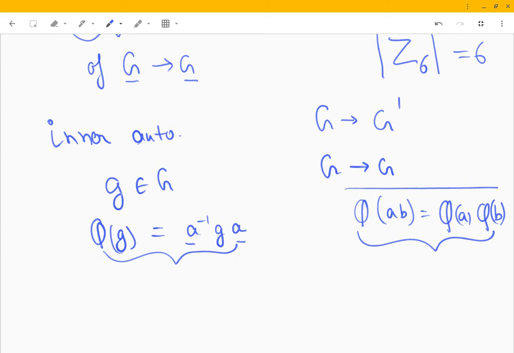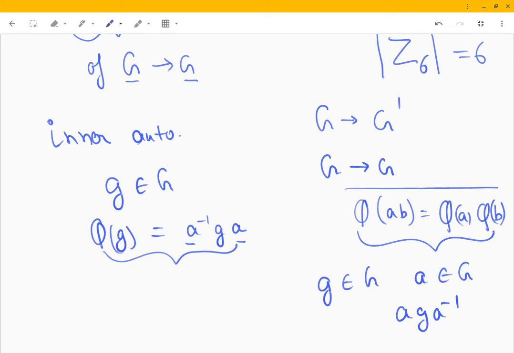Okay, is it making sense? Because I just got a doubt. If we take a G from a group and we take some random A from the same group and we do this A G A inverse.